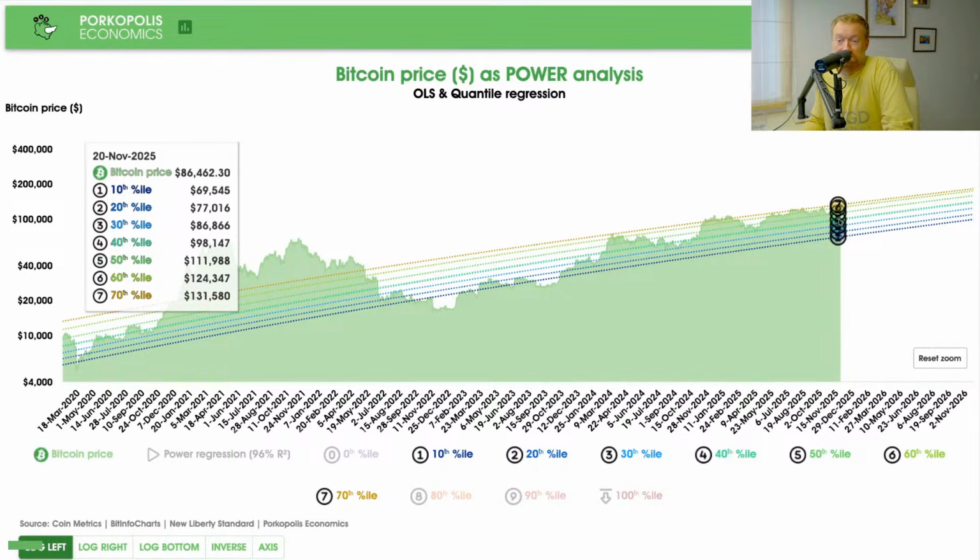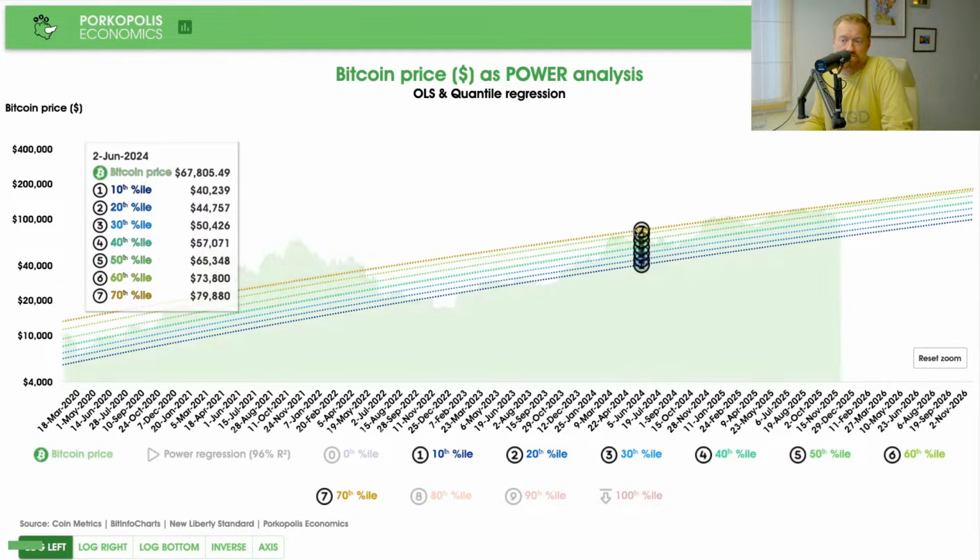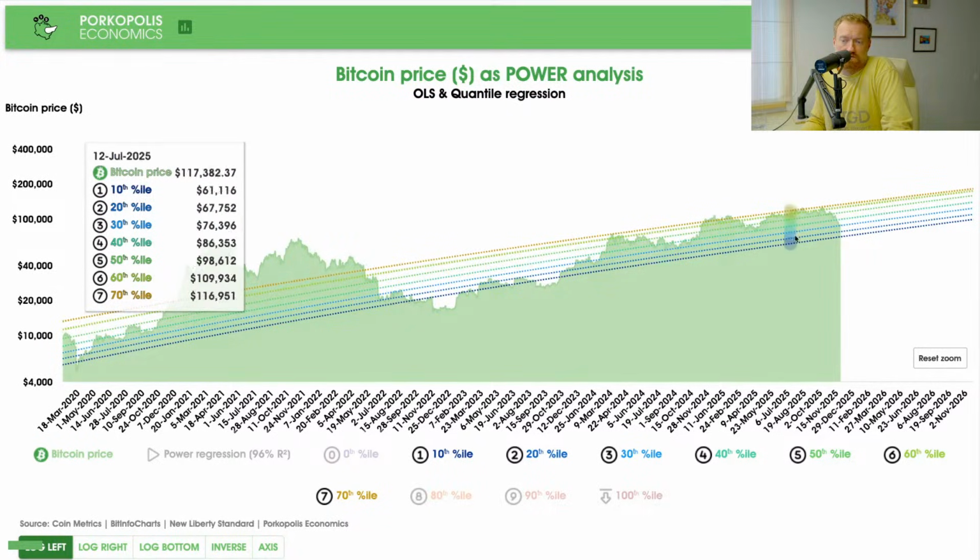Bitcoin in the last month, by the way, has hit almost all of these prices, except for the bottom two, that is 1 and 2, and the top one, that is 7. This looks pretty good, though.